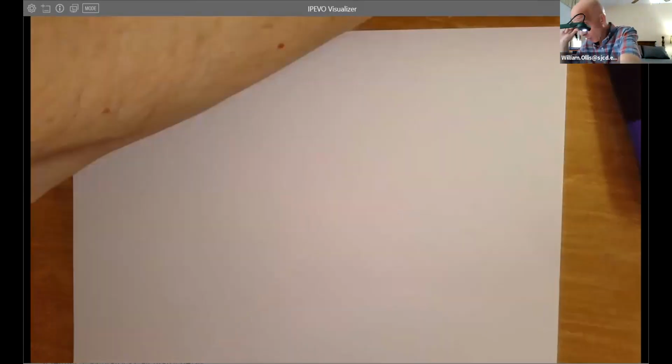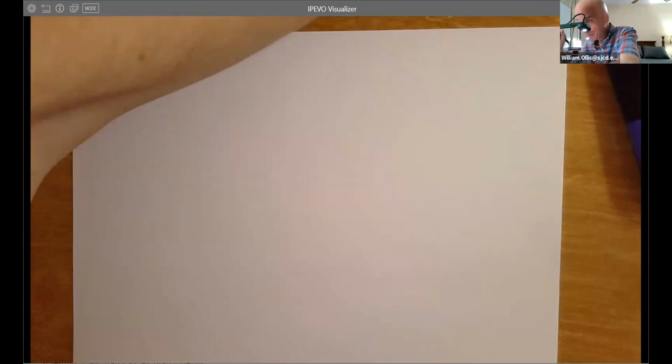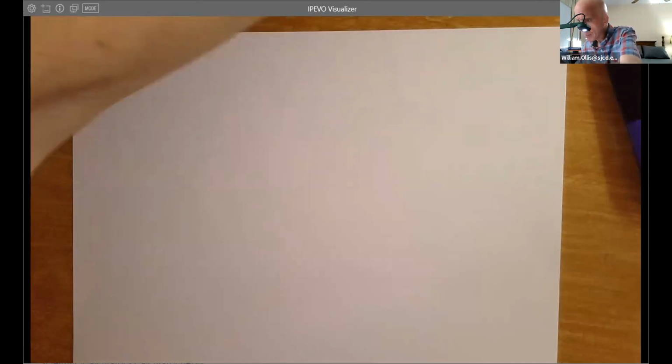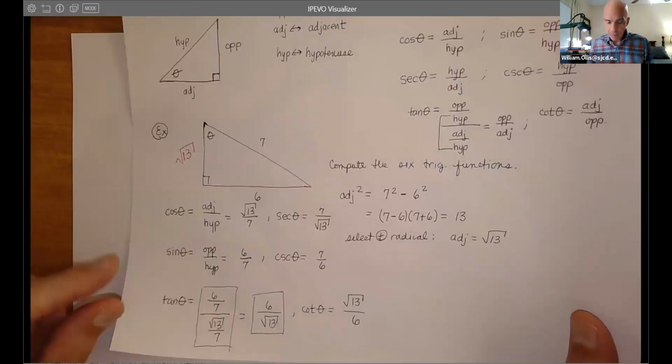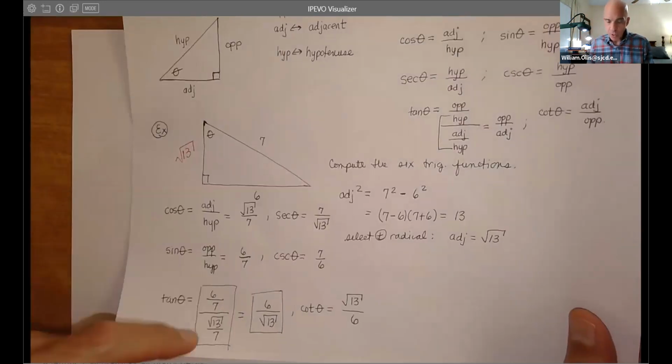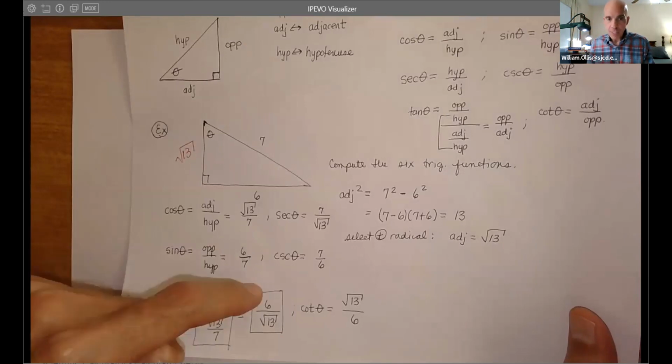It's kind of like on the very first problem here, where I was doing some ratios, kind of going back to the beginning. You can always think of sine over cosine, or you can think of opposite over adjacent.